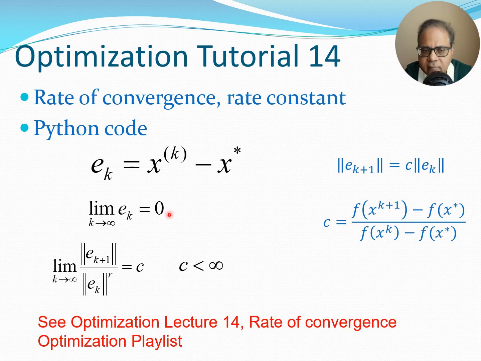And of course, convergence means that as k tends to infinity, ek should become 0, and the rate of convergence is given by this formula here, which means that limit as k becomes infinity, norm of ek plus 1 divided by norm of ek to the power r equals c, where c is a finite value. So for optimization problems, we can track c by using the function value. So for steepest descent, of course, you have linear convergence, so it's pretty easy.